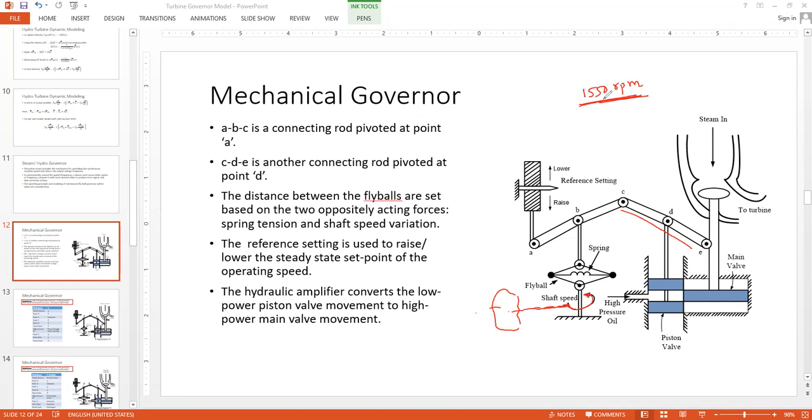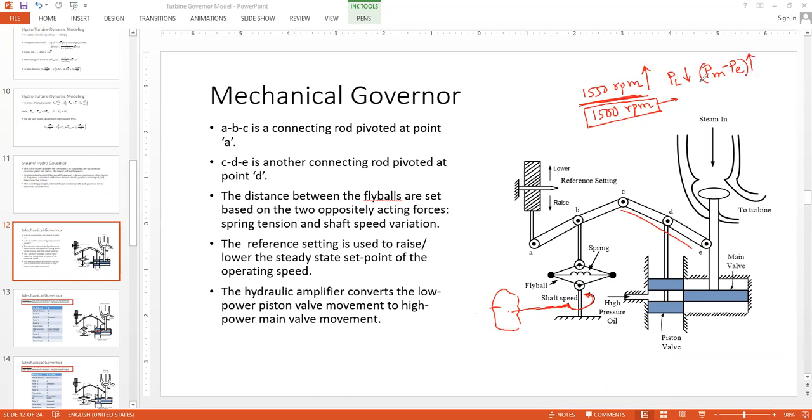If the speed increases from 1500 rpm, at steady state, speed should be 1500 rpm. When will the speed actually increase? If PL reduces, PM minus PE becomes positive.